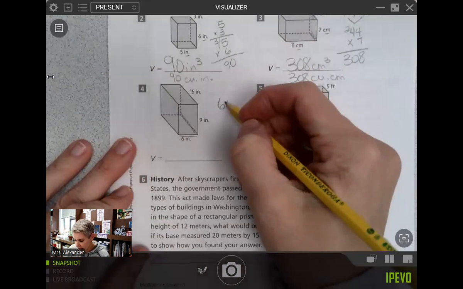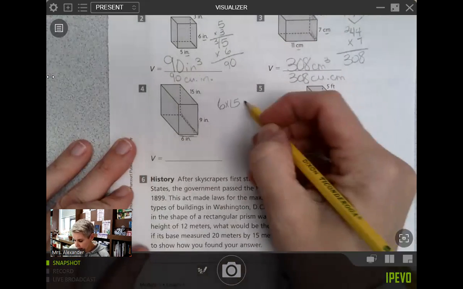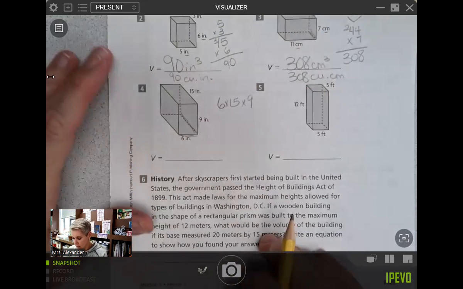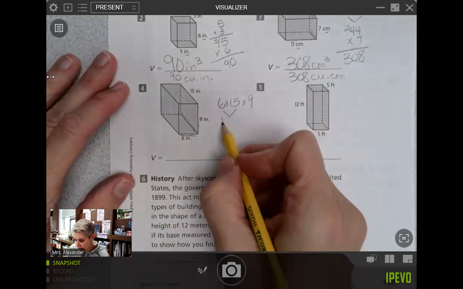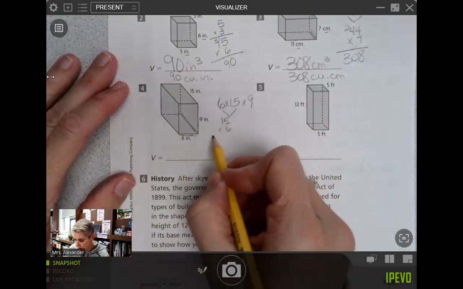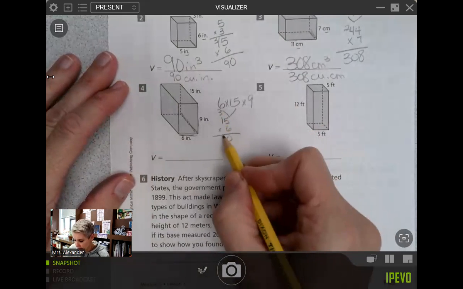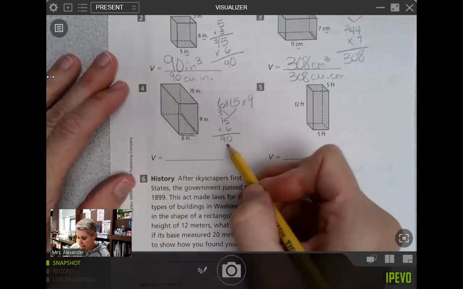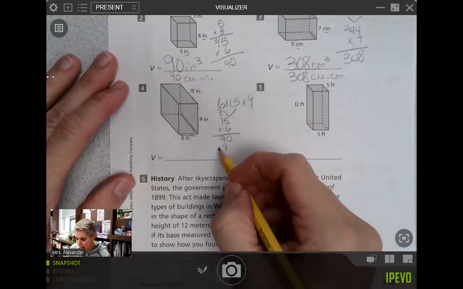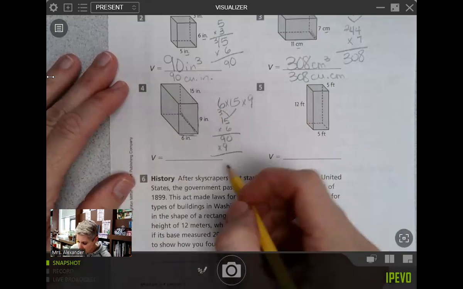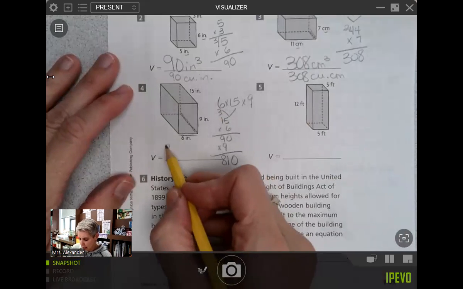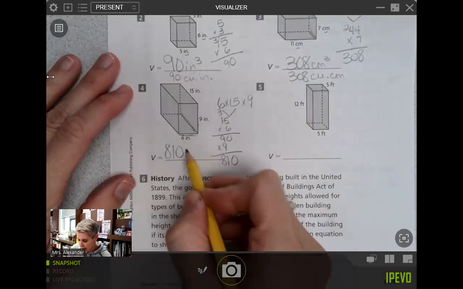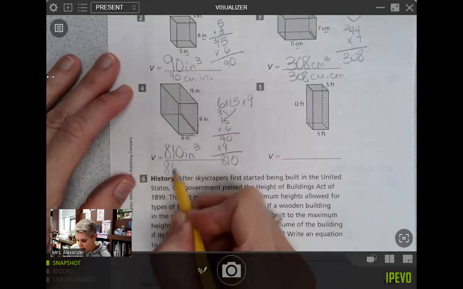I see that 15. And I see the height of 9. All right, I'm going to go with 15 times 6. I'm going to rewrite that and get an answer of 90. 90 times 9, I'm going to do 9 times 9 and hang that 0. 9 times 9 is 81. The 0 drops into place, and we will get 810 cubic inches.